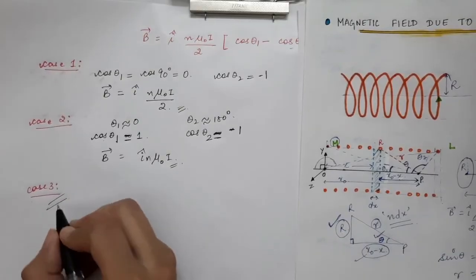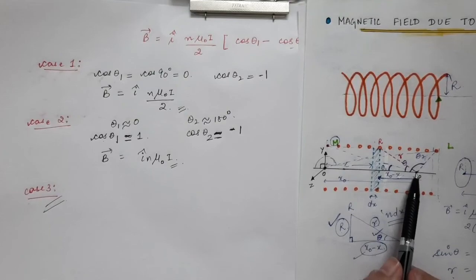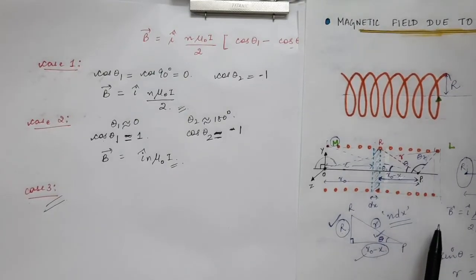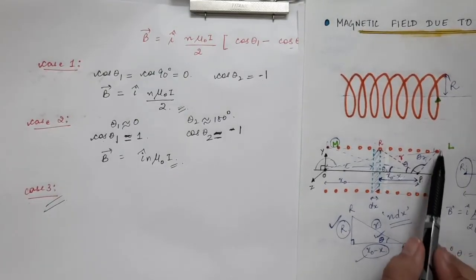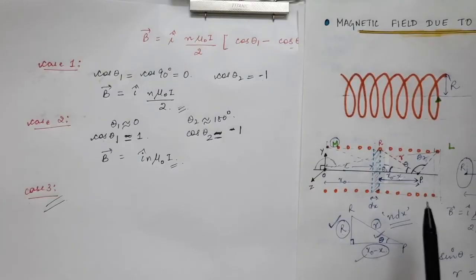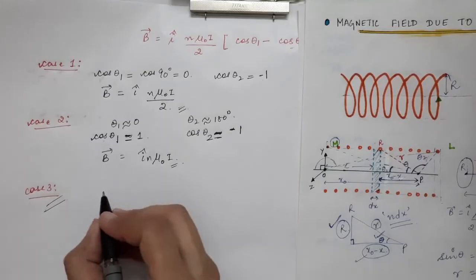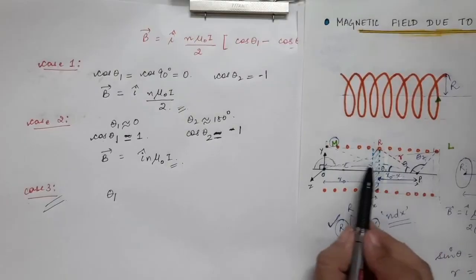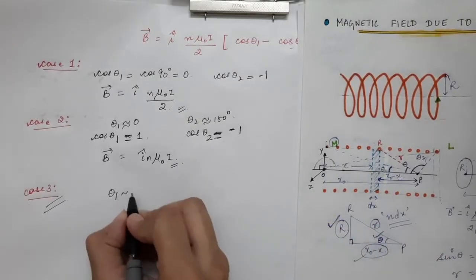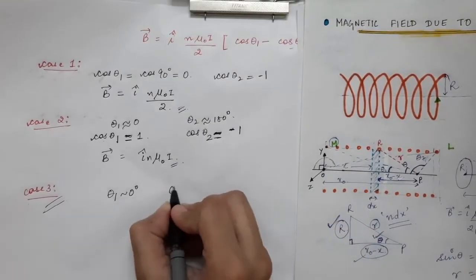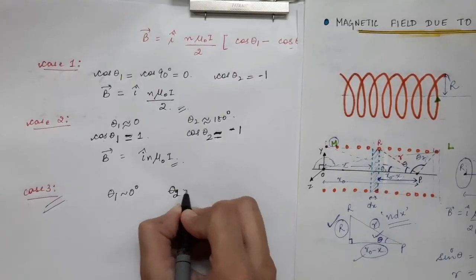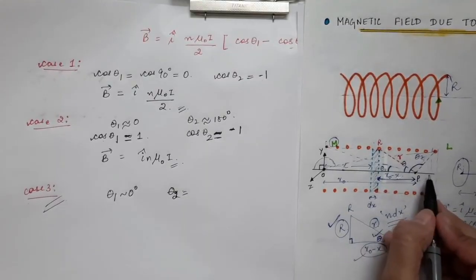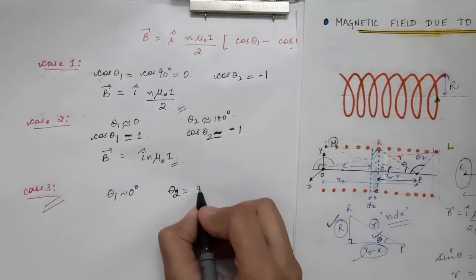Now the last case is when the observation point lies on the L end of the solenoid, and the solenoid goes to infinity in this direction. In that case, theta 1 will approach 0 and theta 2 will become equal to 90 degrees.